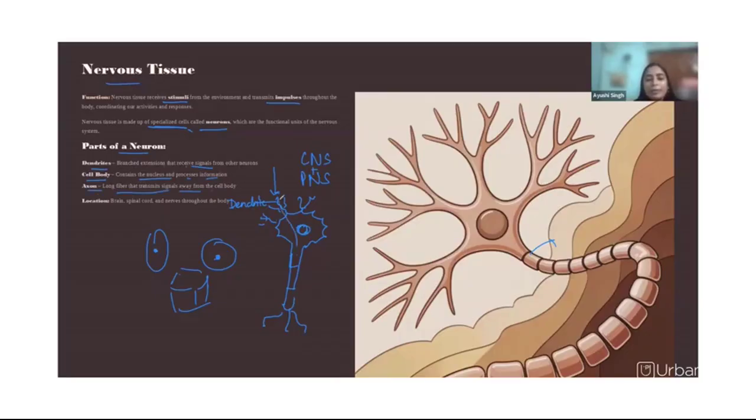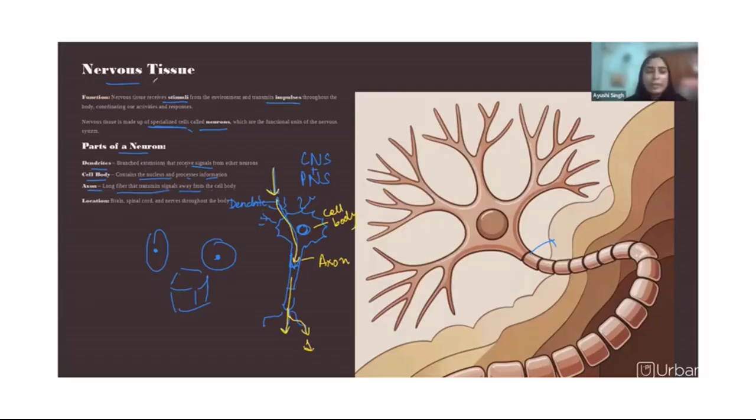So the signal comes from the dendrites, then reaches the cell body, then the axon. This is the axon, this is the cell body. From the terminal portion, it reaches another neuron and maybe ultimately the brain, and the brain will decide something and send another signal for an action, and that action will be done.